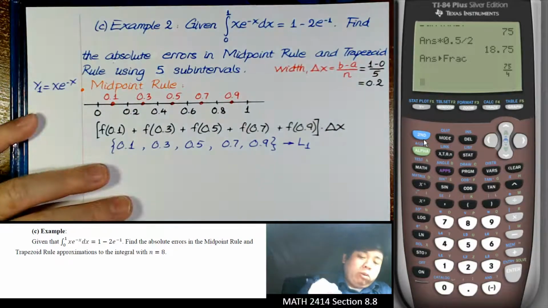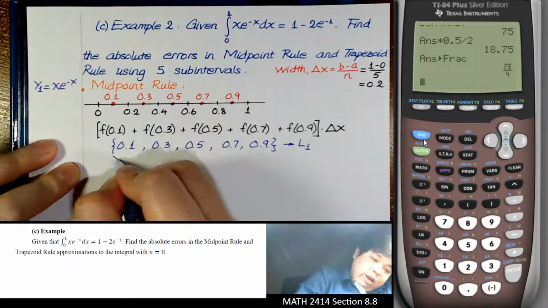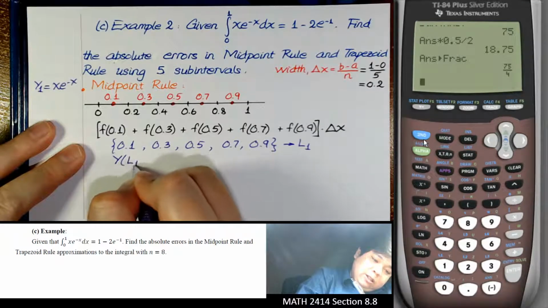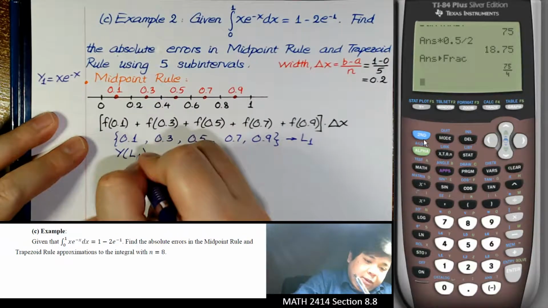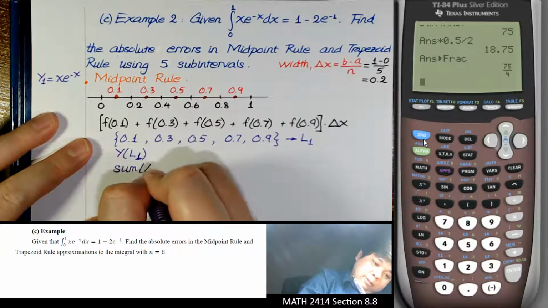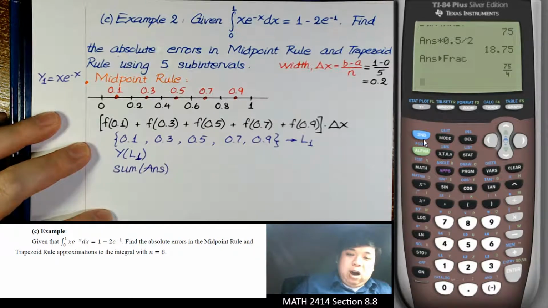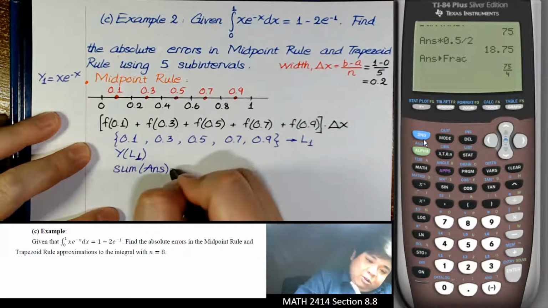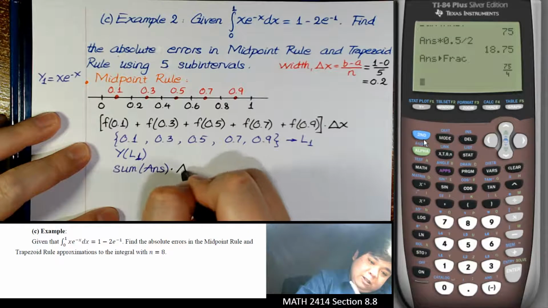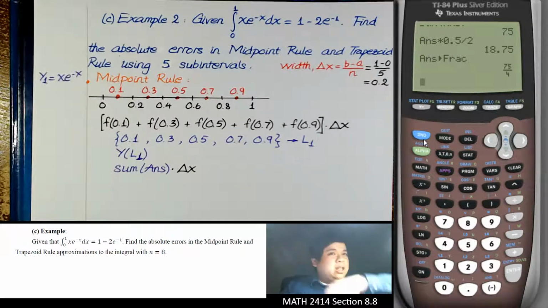That's the same for both the midpoint and the trapezoid rule. And then we evaluate the function at list 1, and then add all of them up. And then finally times delta x. Right, so just do those three steps.